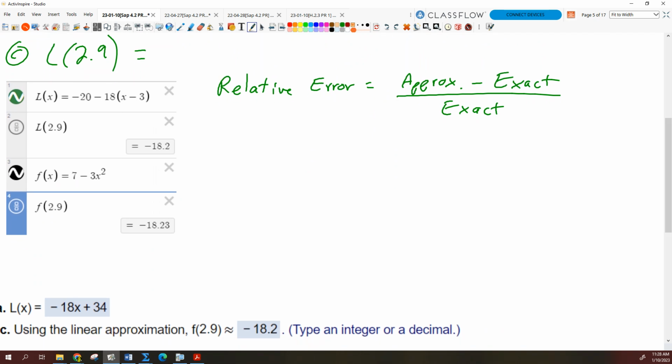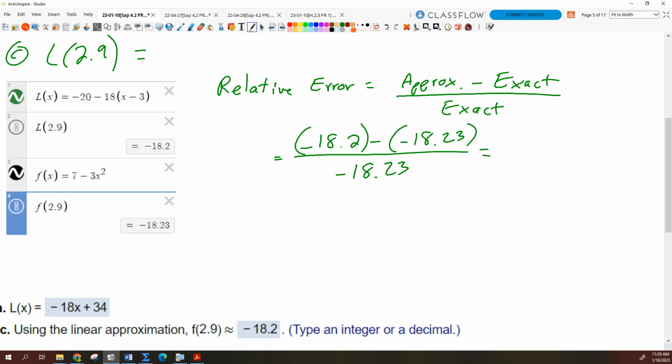Okay, so what about for us then? What's the approximate value? Okay, negative 18.2 minus the exact value, which is negative 18.23, divided by the exact value of negative 18.23.